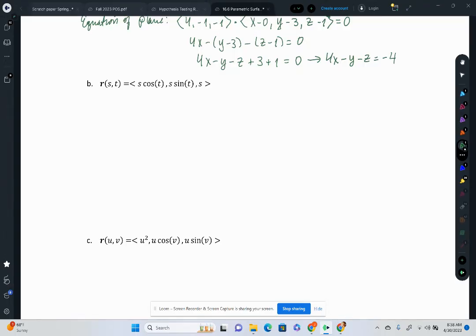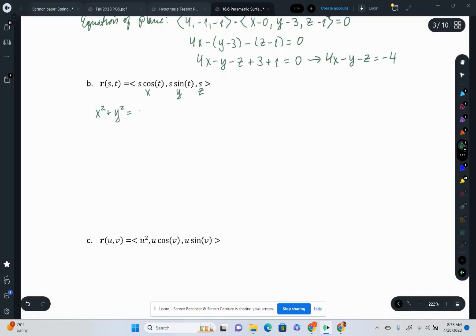Let's see why. I'm noticing that in my x component I have a cosine, and in my y component I have a sine. I'm also noticing that z is just s. Well, actually, it's not a number, it's a variable s. So our parameters are s and t. With those cosines and sines, I'm going to look at what x squared plus y squared is.